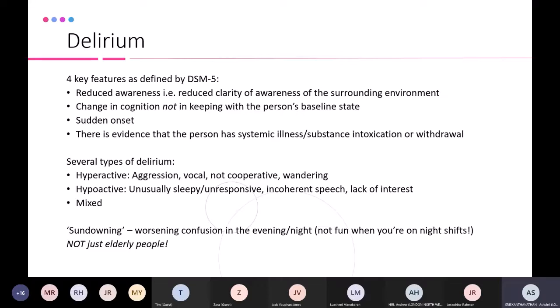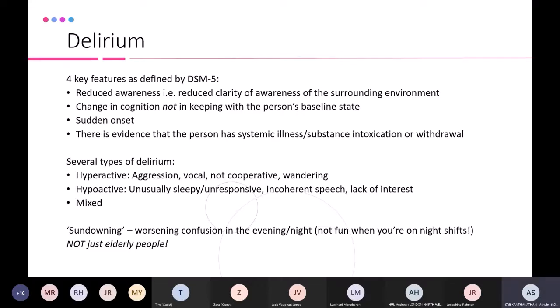If you've stopped certain drugs, for example, those are things that you want to look at as well. And another thing, especially something that I've seen on general surgery, which I'm on right now, is alcohol withdrawal as well. So that's something that you want to consider as well. So you have patients who might be quite heavy drinkers coming into hospital and obviously no access to alcohol, so just suddenly withdrawing.